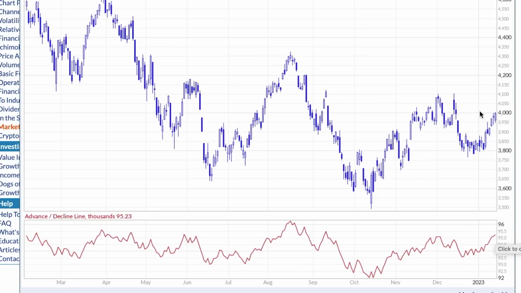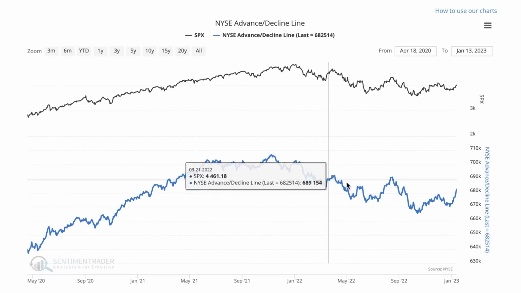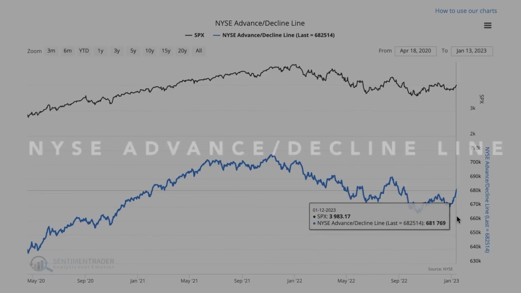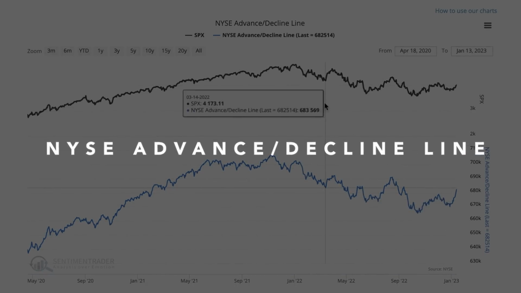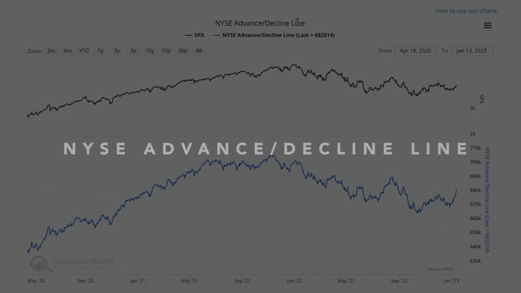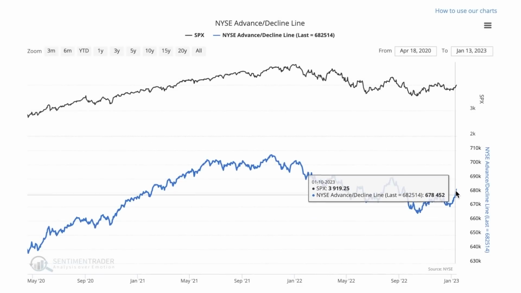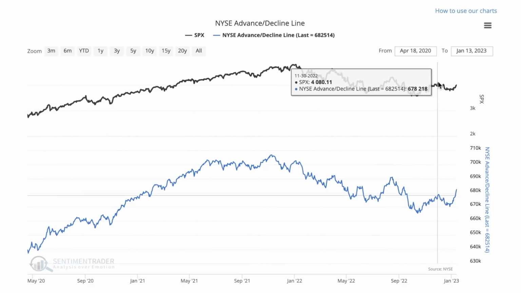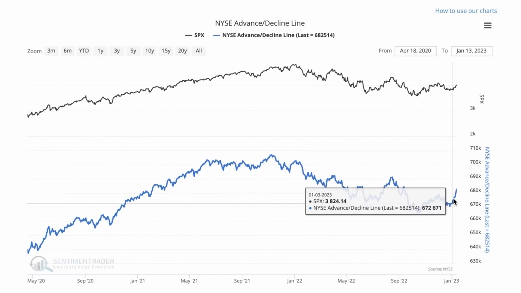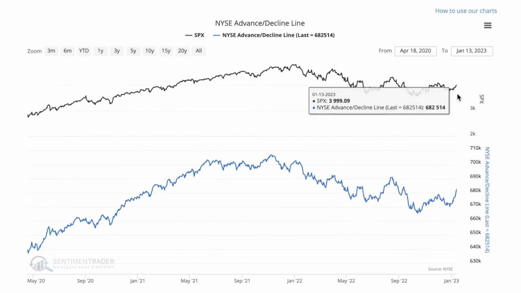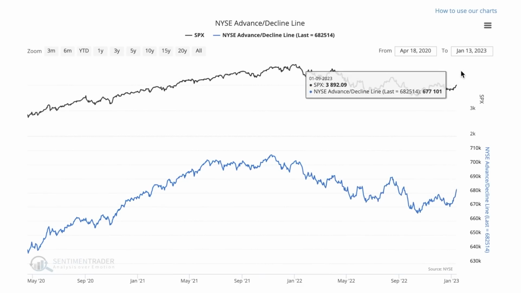So the market itself is lower than it was in December, yet the advanced decline line is higher. And we can see it even better on this chart right here of the NYSE advanced decline line, just skyrocketing higher while the market is still at a lower high than where it was in December, right? So the advanced decline line is really showing a lot of strength on this recent move, even though the market is not particularly much higher.